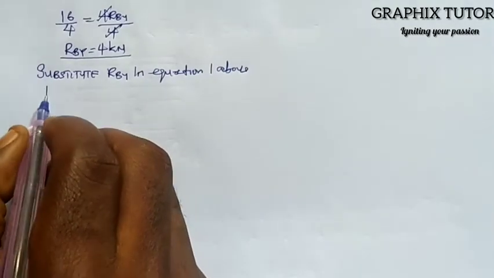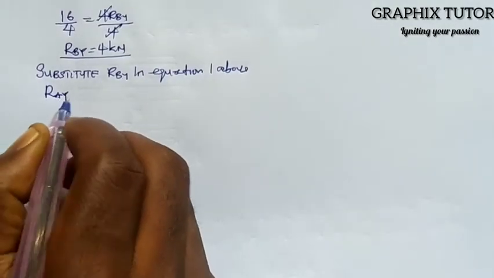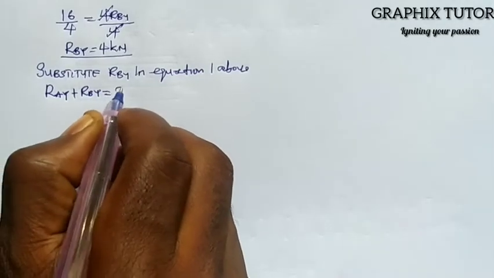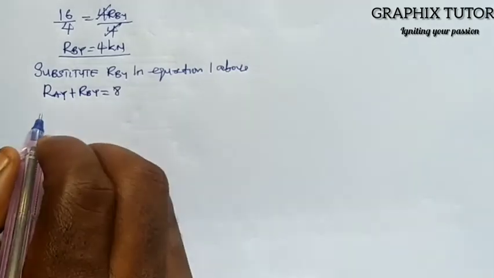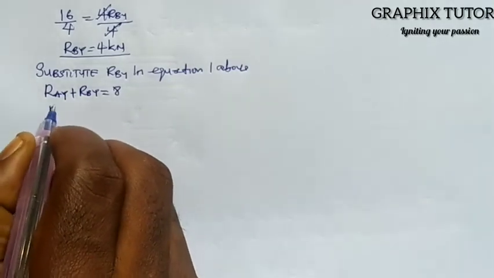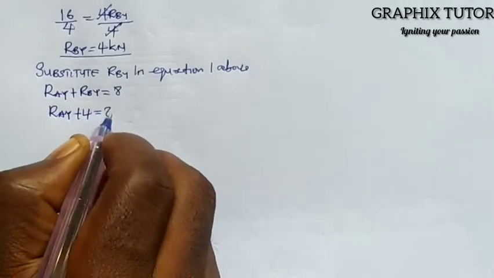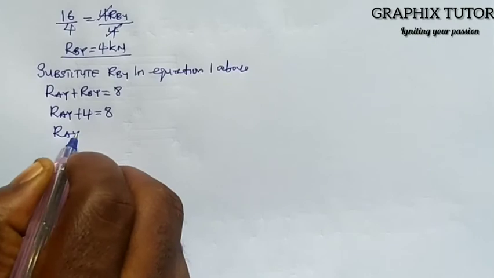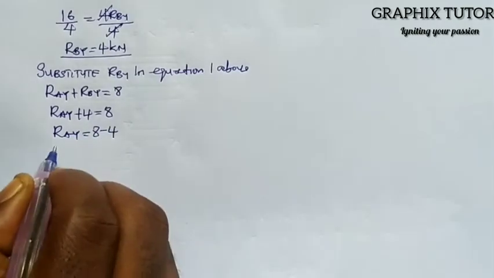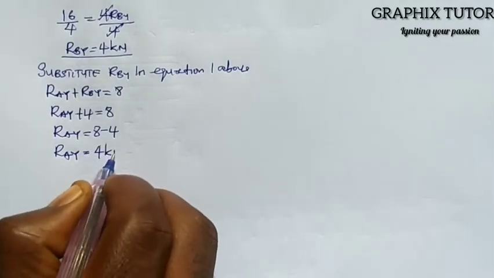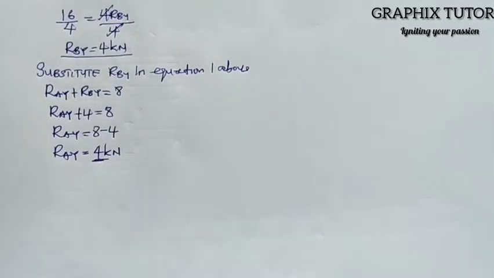So we have RAY plus RBY equals to what? 8. So when I substitute my value here, my RAY plus 4 is equals to 8. So RAY will give me 8 minus 4. So the RAY will give me 4 kilonewton. So we've gotten RAY and what? RBY. So let's see how it looks in the diagram.